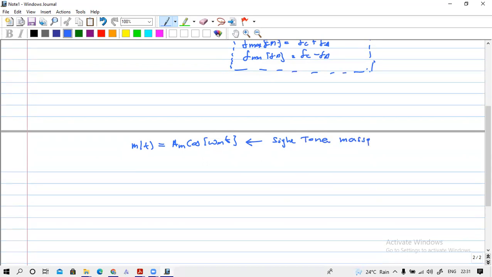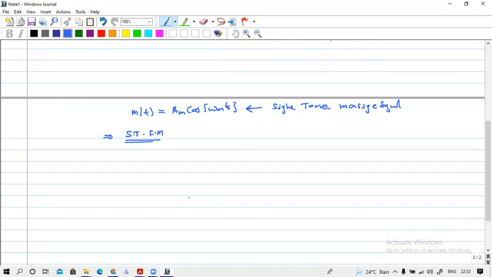If we select our message signal as a single tone, it is called single tone modulation, or single tone frequency modulation.